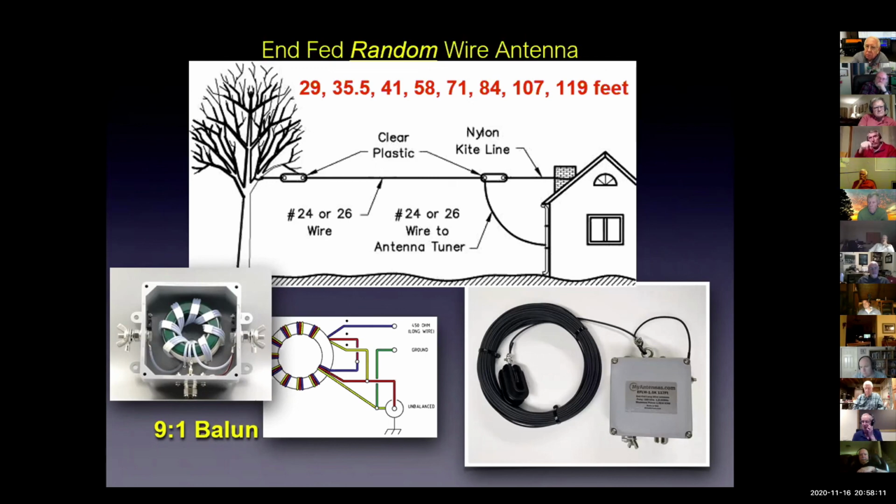Through a little bit of analysis and some experimentation, they come up with lengths that tend to work. And it turns out they're not a half wave on any of the bands you care about. They're always off a bit, but between the balun action transforming the impedance down and the tuner inside your radio, you can cover a lot of bands with a simple antenna. So that's how I think about it.